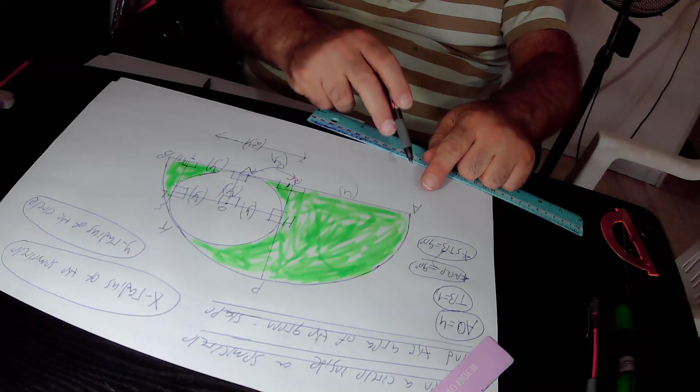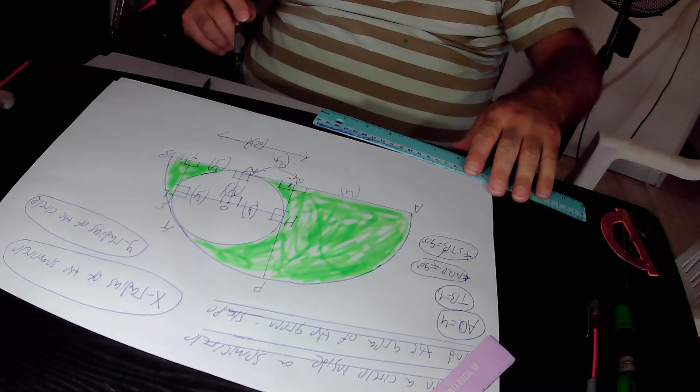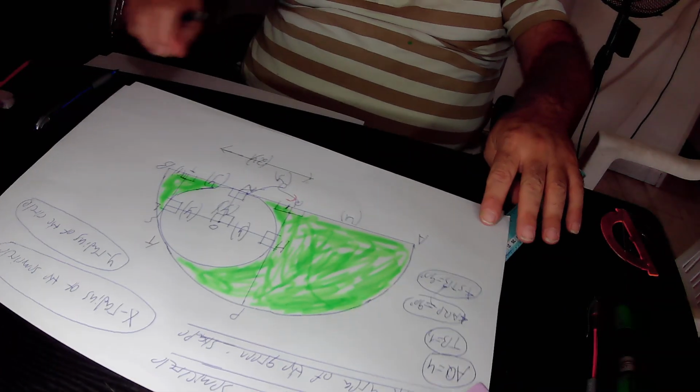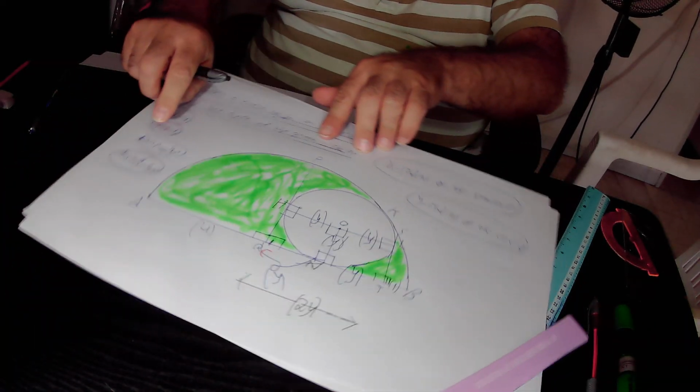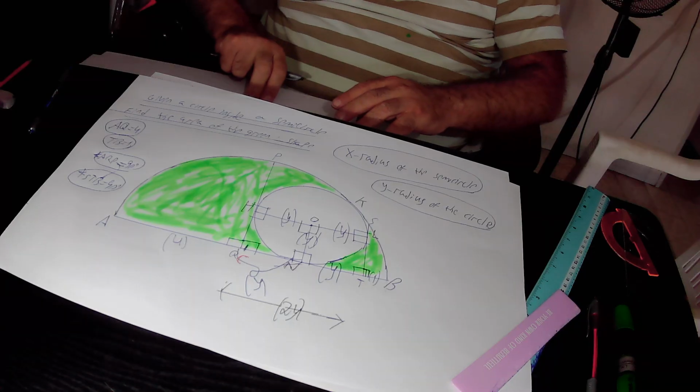So we know that the diameter AB equals 2x. Again, the diameter AB equals 2x.